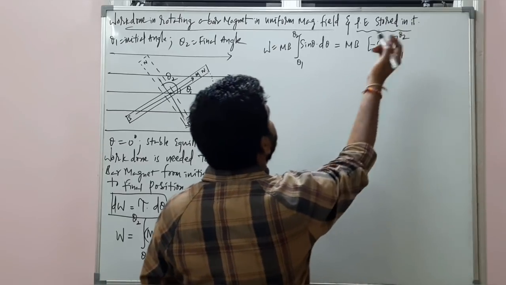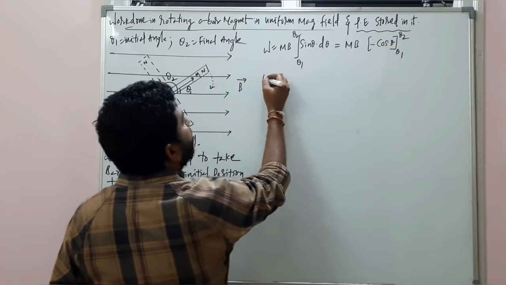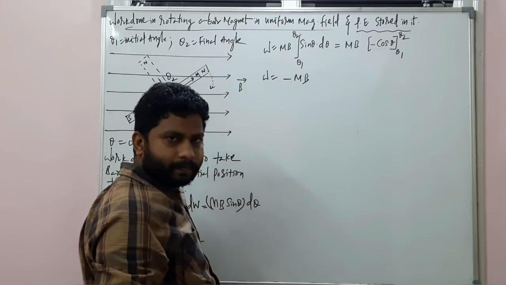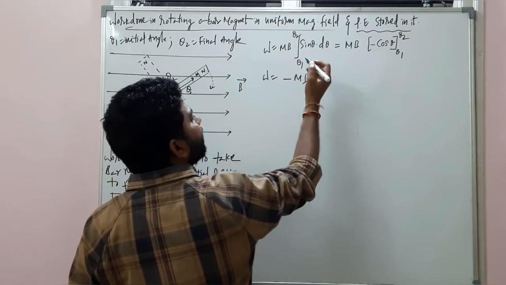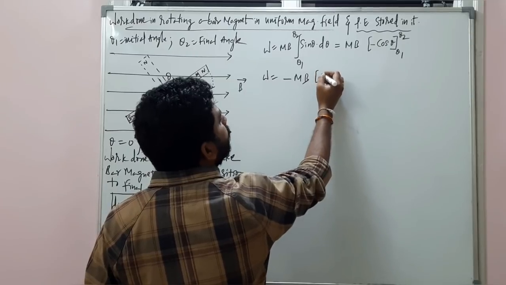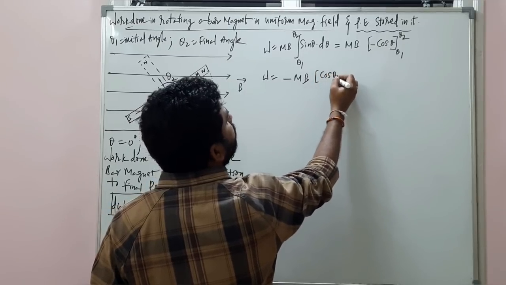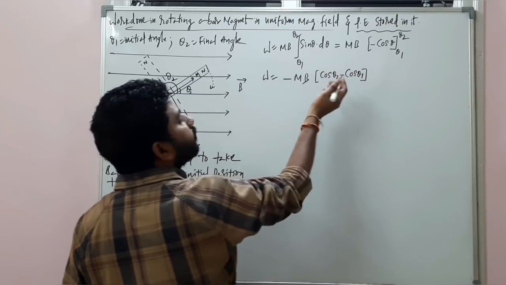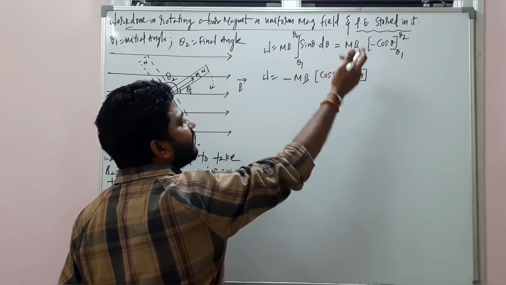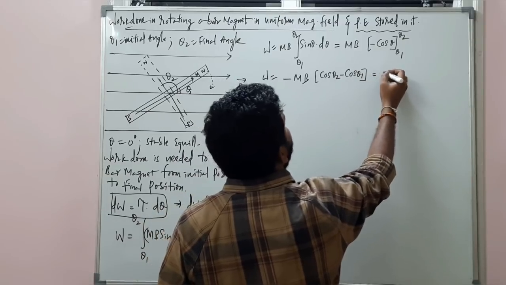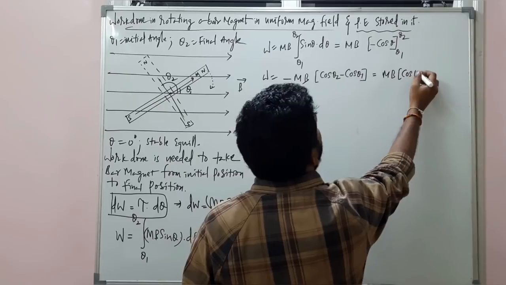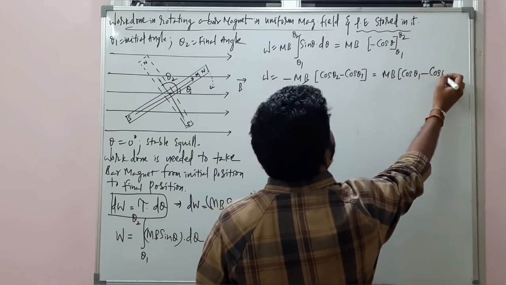Okay, so from here what I can write, W is equal to minus mB into cos theta 2 minus cos theta 1. If you multiply this minus inside, you will get mB into cos theta 1 minus cos theta 2.